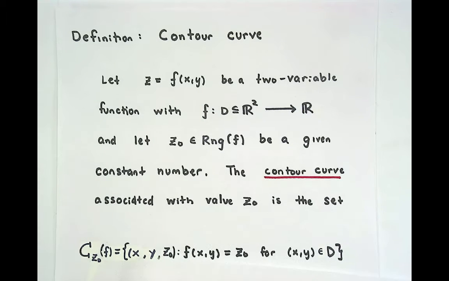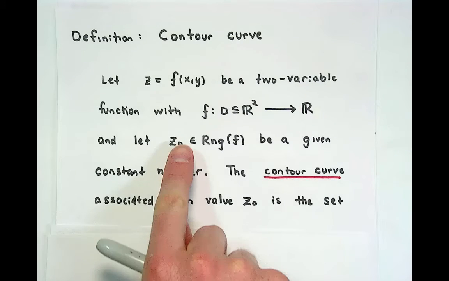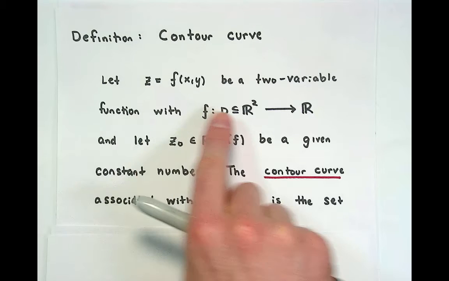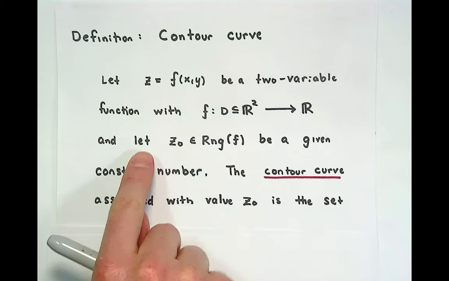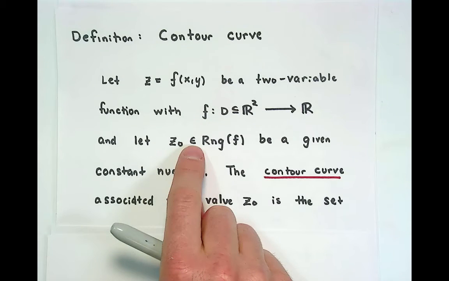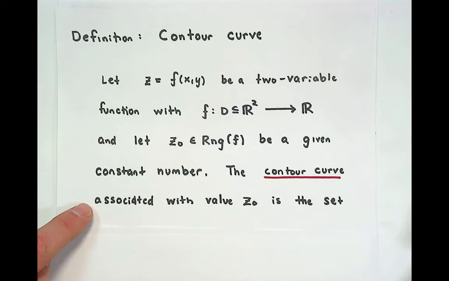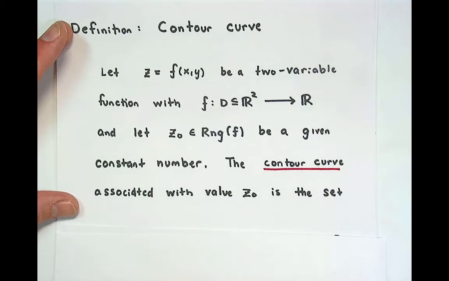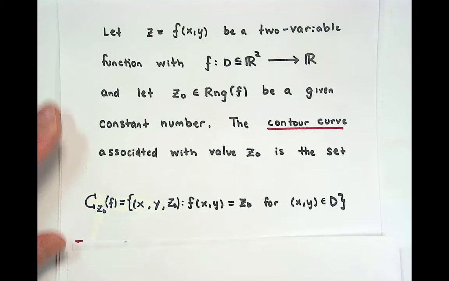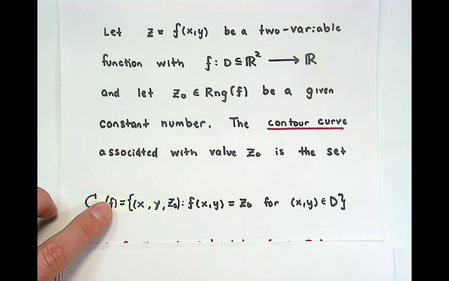A contour curve for a two-variable function where we say z is equal to f of x, y, we see that this is a two-variable function, and then we set a specific constant value in the range of our function, and we assume that this is given. A contour curve associated with the value z0 is a set of ordered triplets, which you might read c of z0 of f.